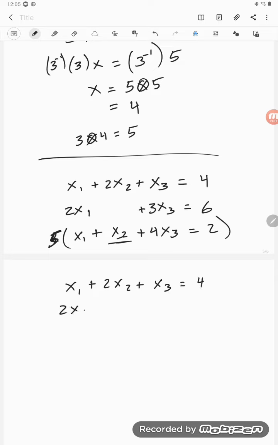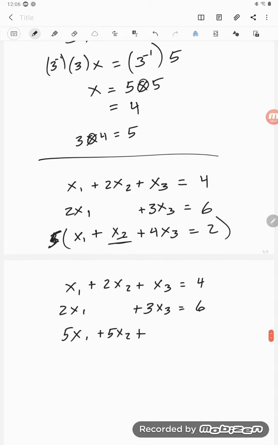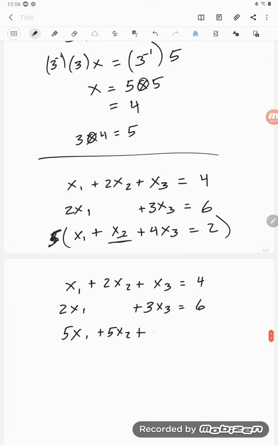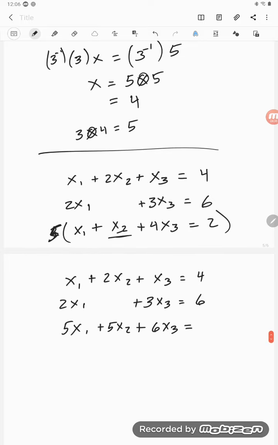I have 2x1 plus 3x3 is equal to 6. And now multiplying through by 5, I get 5x1 plus 5x2 plus, now 5 times 4 is 20, but that's 14 plus 6, so that's 6x3 equals, and 5 times 2 is 10, which is 7 plus 3, so I get a 3.